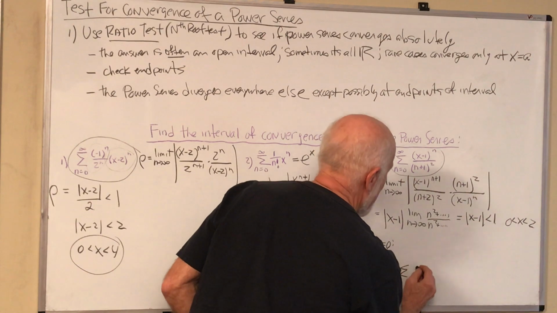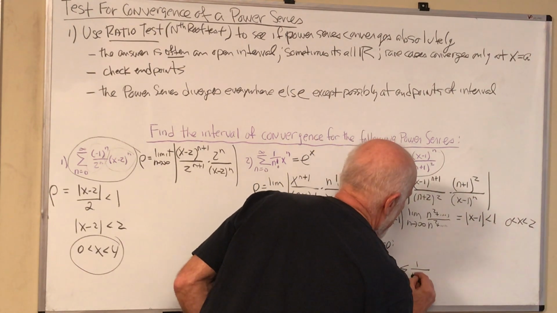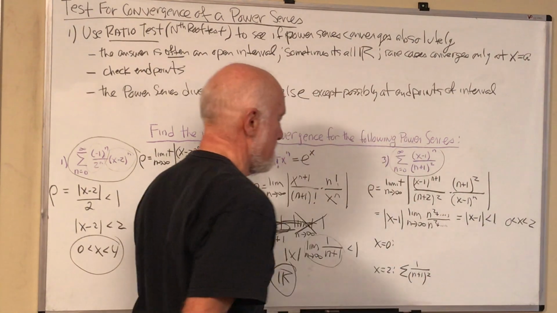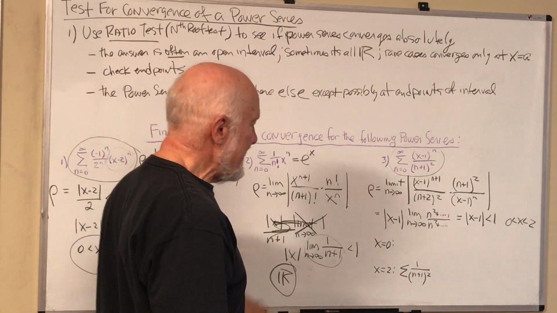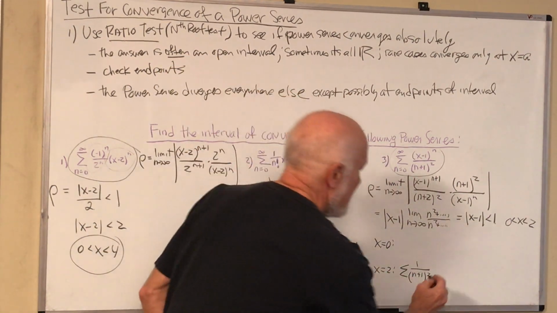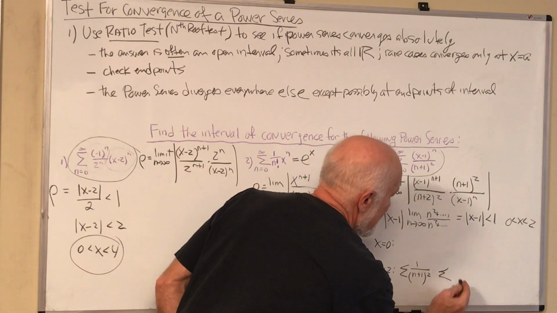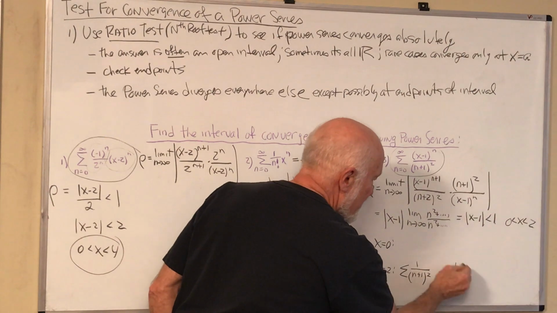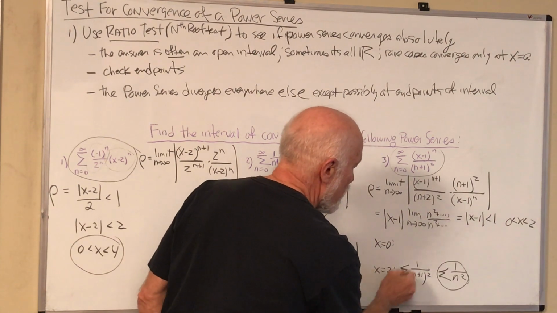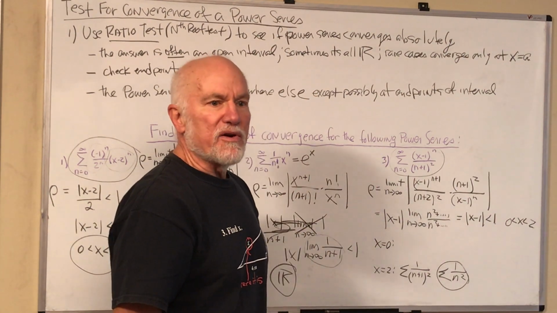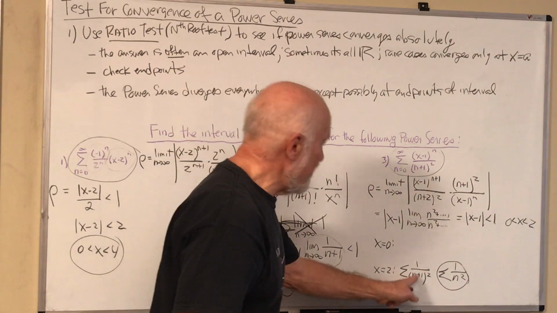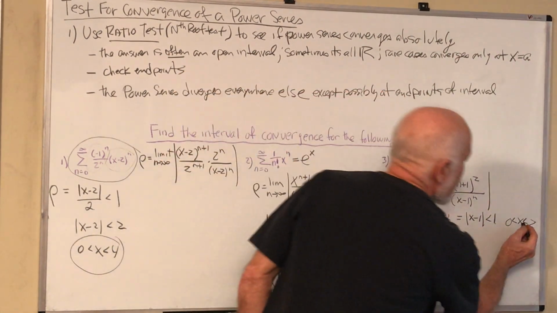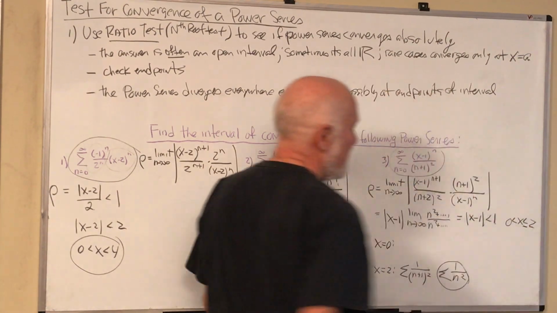So the series just becomes 1 over (n plus 1) squared. Well, I can compare this to the p-series 1 over n squared. This converges, and these terms are even smaller. So I know that this one converges. So it does work at 2. So I can put that in.